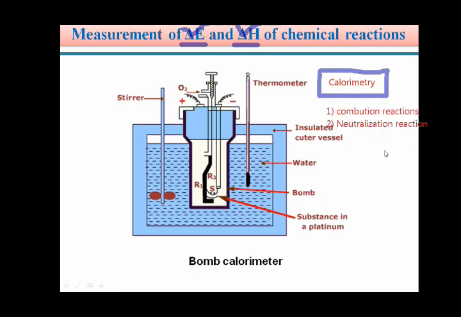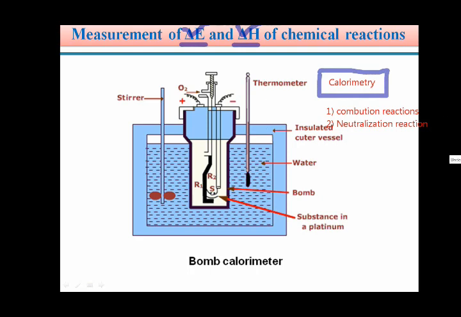Therefore, for combustion reactions and for neutralization reactions, with the help of calorimetry, we can calculate the change in internal energy, delta E, and the change in enthalpy, delta H.